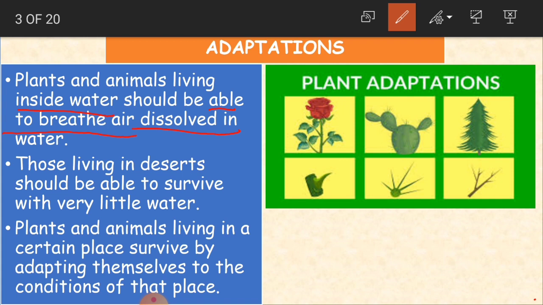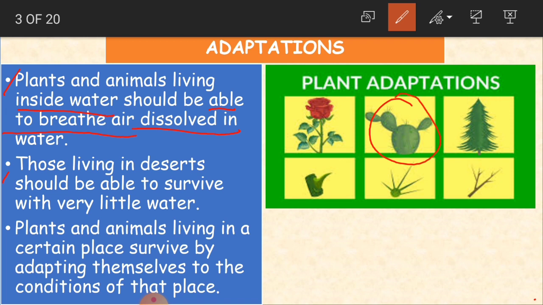And the second point here is that those living in deserts should be able to survive with very little water. In the first point, plants are able to grow in water, living according to their condition. Here, some plants live in deserts, for example the cactus. This cactus is a desert plant.